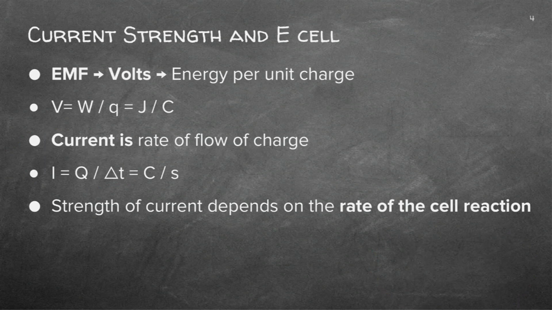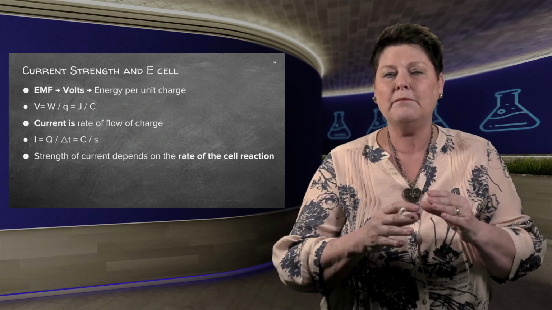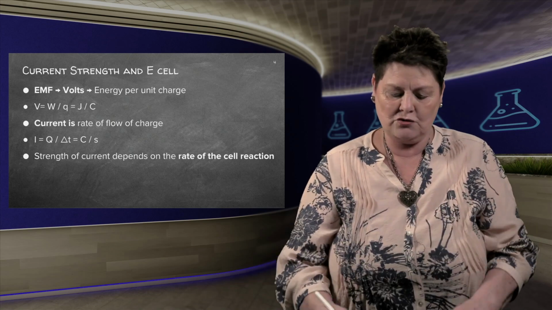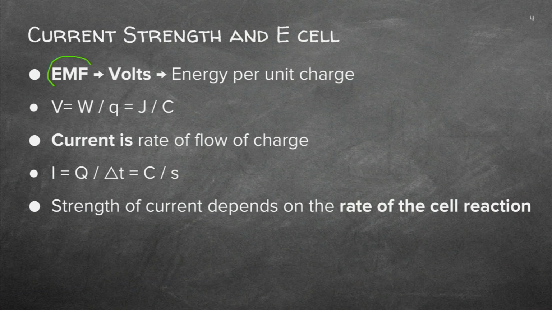Right, let's have a look at two equations which you have already done, specifically in physics, but it's also applicable in chemistry. Firstly, the EMF. We know the EMF is measured in volts and it's the energy. Remember energy, guys, measured in joules, that is being transferred when every charge is being transferred from one electrode or substance to another.